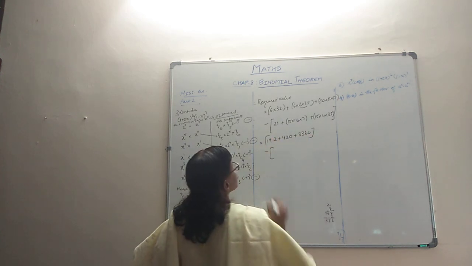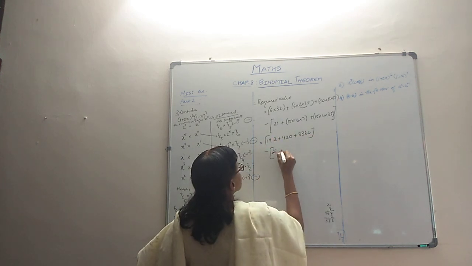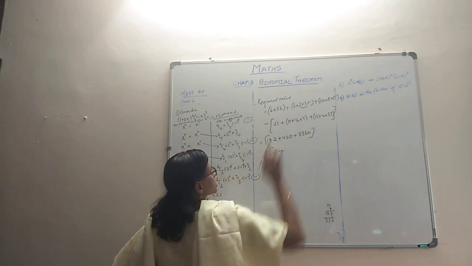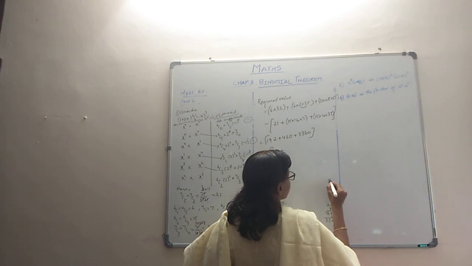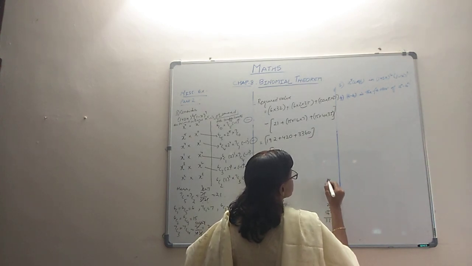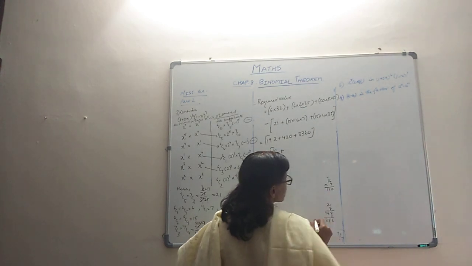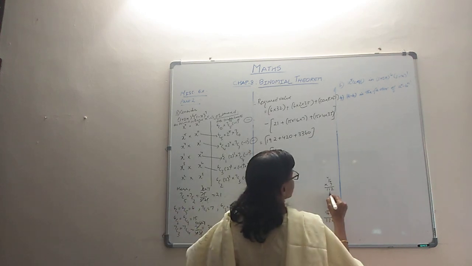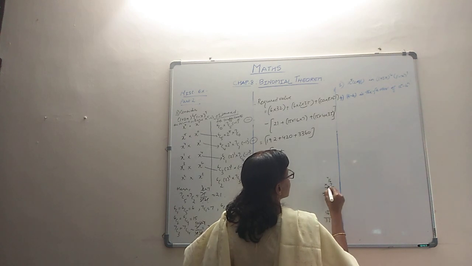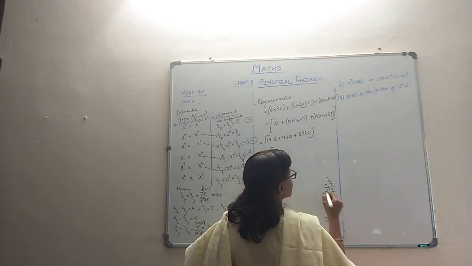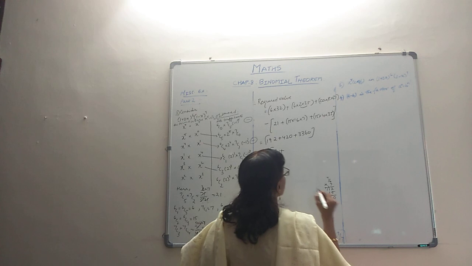Let's take the second bracket. 21, that's effortless. Then 15 into 16 into 7. So we could have probably 16 into 7 or whatever. 16 into 7 is 112. Then we can have the 15. These are small values, you can take directly. 15 twos are 30, 3 carry. 15 ones are 15, 18. 15 ones are 15, 16. 1680.